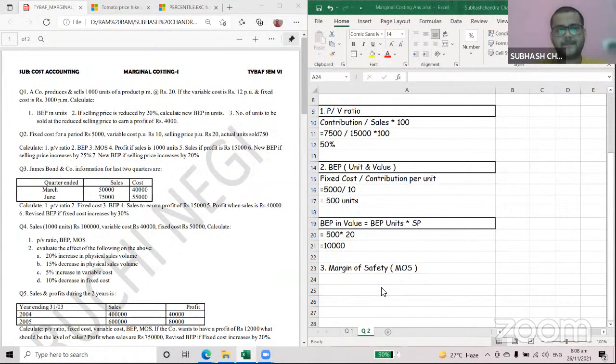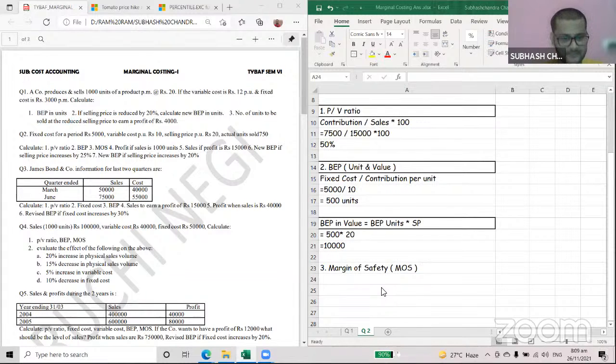Okay, try to understand. Margin of safety is basically anything which is more than your BP, your expected level of sale. Suppose our BP sale is 500, and our actual sale is, how much?